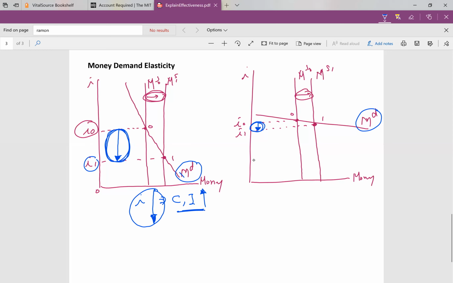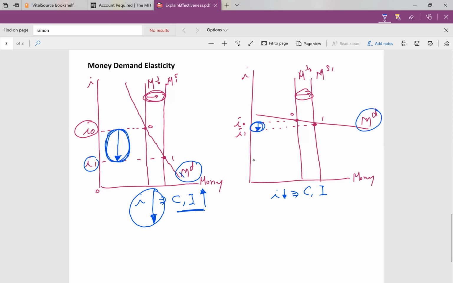If consumers and firms, on the other hand, see a very tiny drop in the interest rate, will they respond as much? Probably not. Probably we will say, well, the drop is nothing. So I may not even respond to that drop in the interest rate.